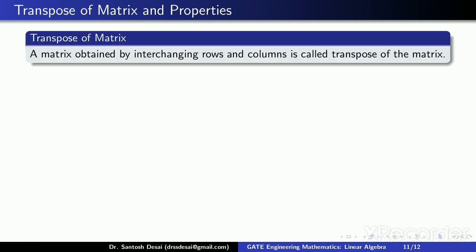And now finally, we consider the transpose of a matrix and its properties. Transpose of a matrix: a matrix obtained by interchanging rows and columns is called the transpose of the matrix. For notation, if A is a matrix, then the transpose is denoted by A raised to T or A prime or A dash.